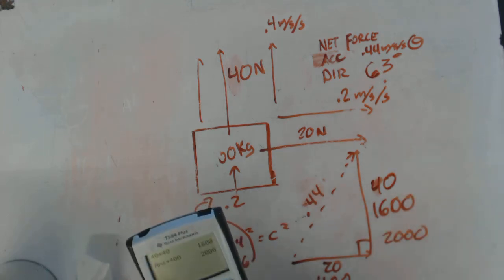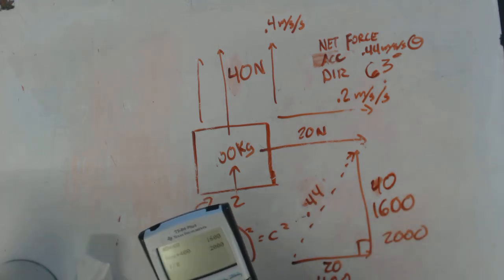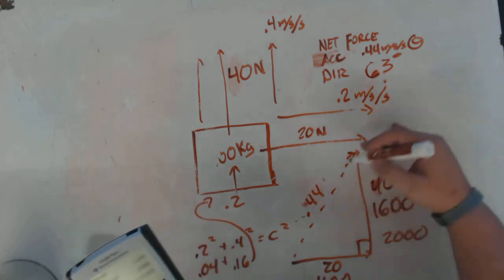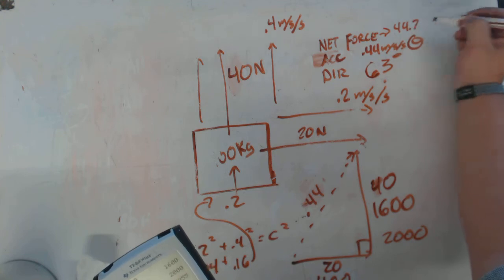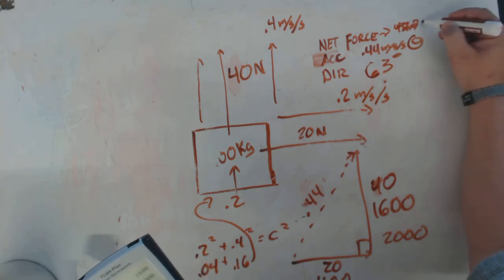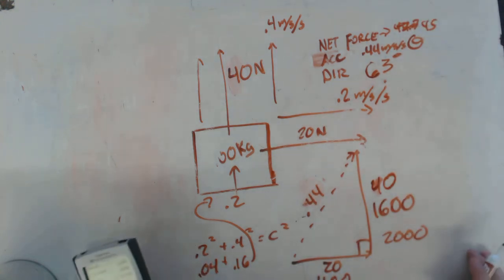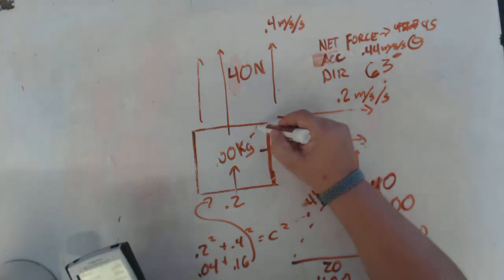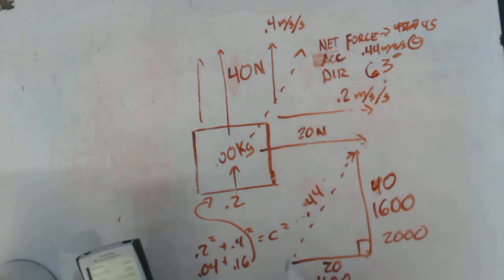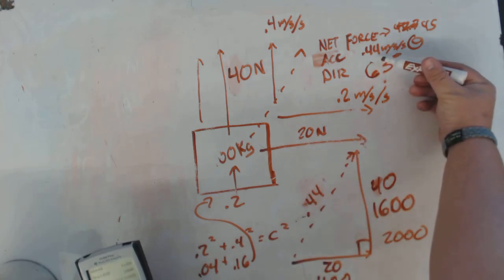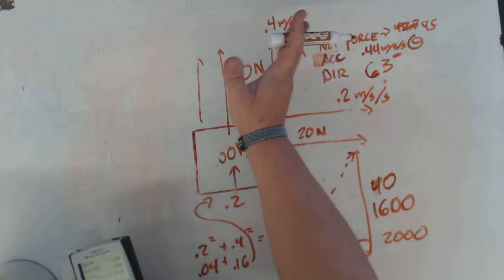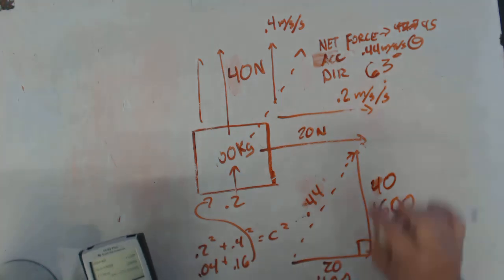Then I'm going to take the square root of that, and I get my net force to be 44.7, or how about 45 newtons in that direction. So the net result is that I'm going to have an acceleration about in that direction of 0.44 meters per second and a net force of about 45. Okay? Cool?